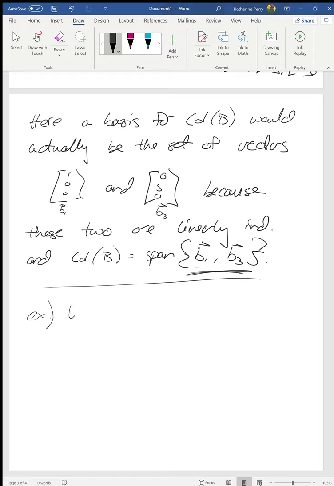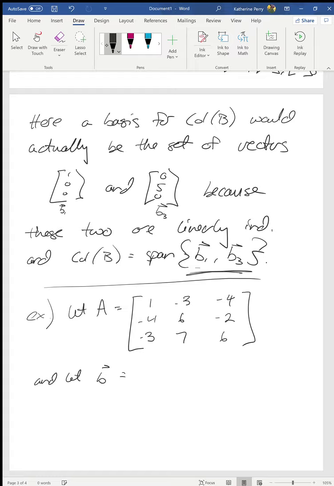So I'm going to let A equal this matrix, 1, -4, -3, -3, 6, 7, -4, -2, 6. And I'll let the vector b be equal to (3, 3, -4).